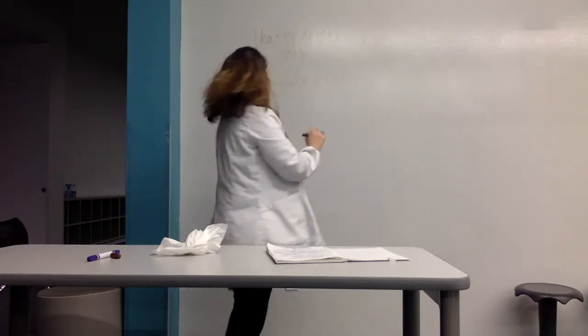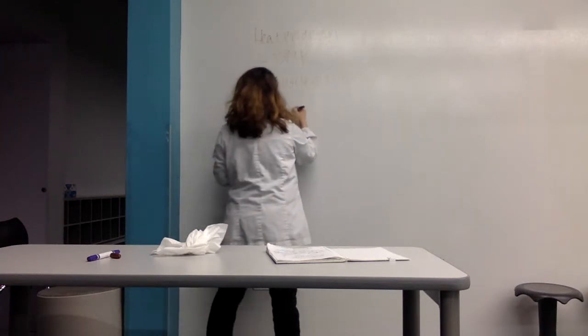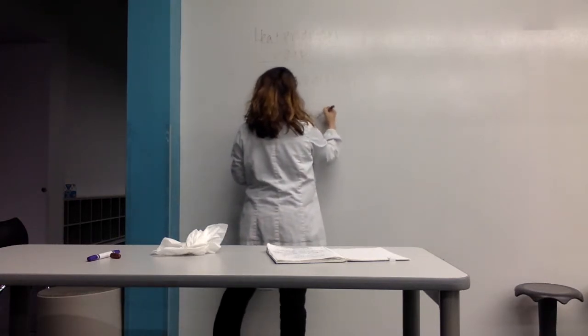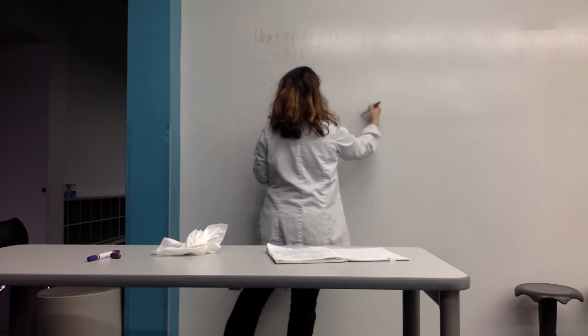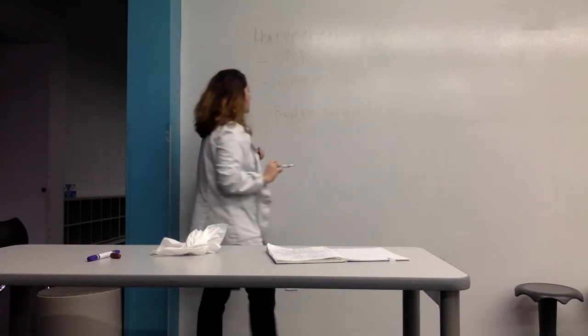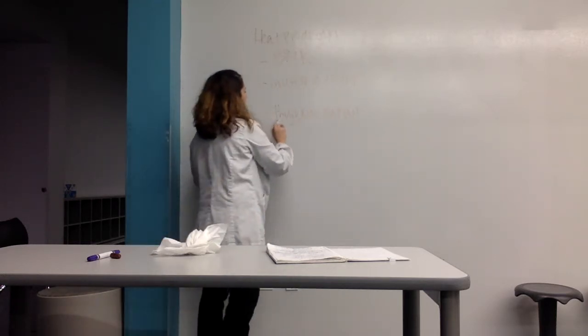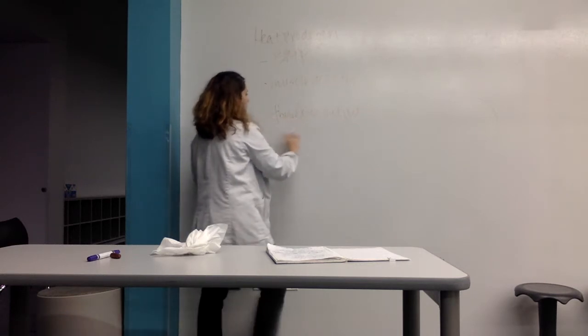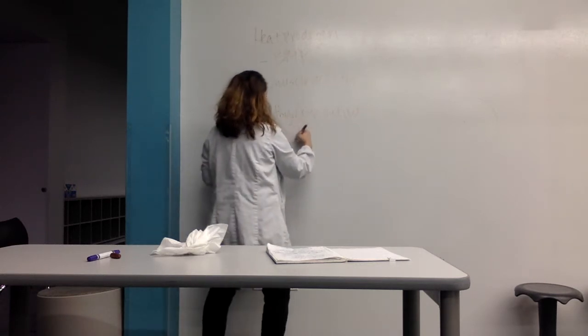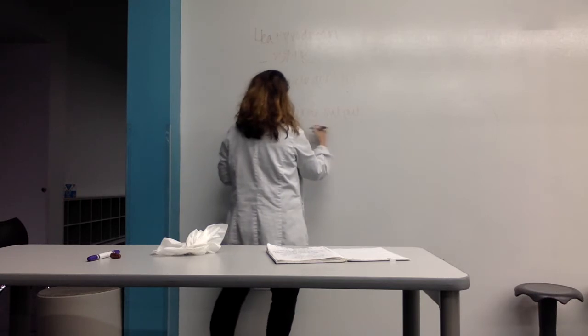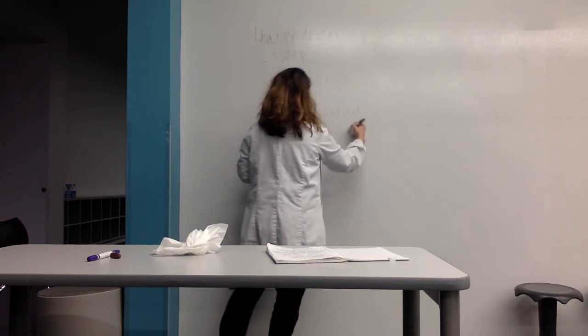Now, another form is going to be your thyroxine output. What is thyroxine, or where does this hormone come from? Thyroxine comes from your thyroid, and your thyroid helps with metabolism.